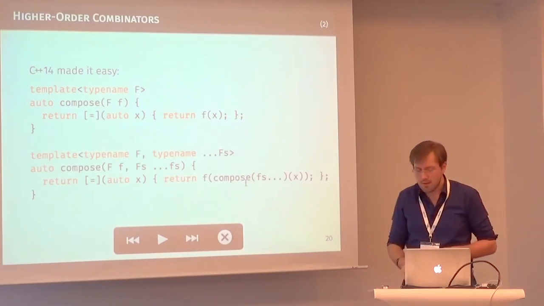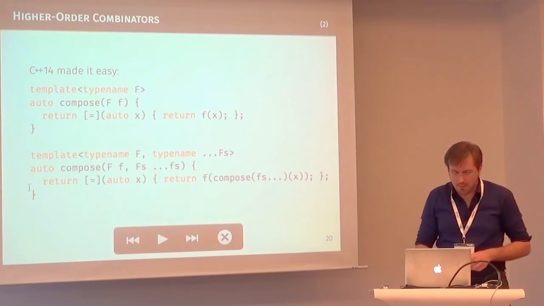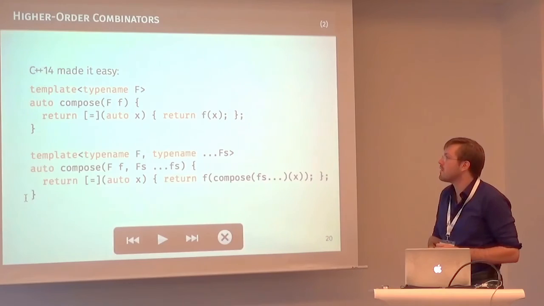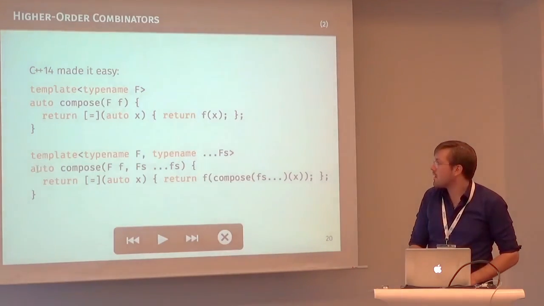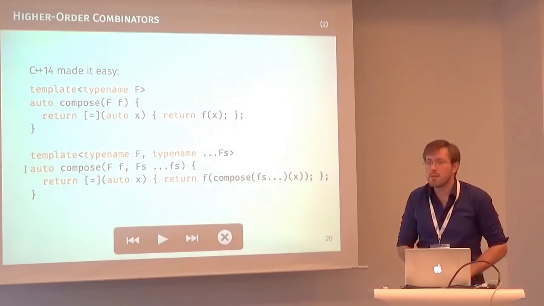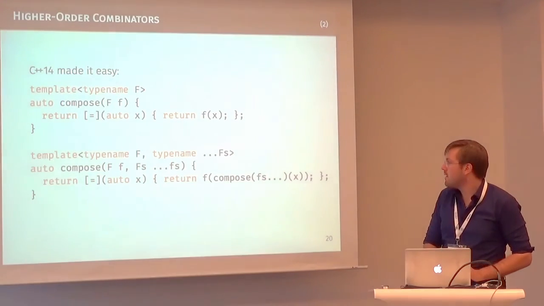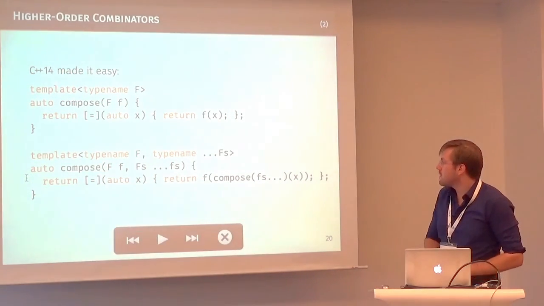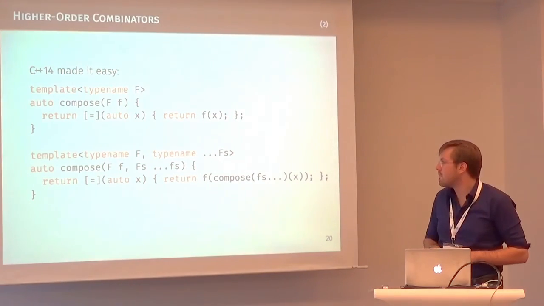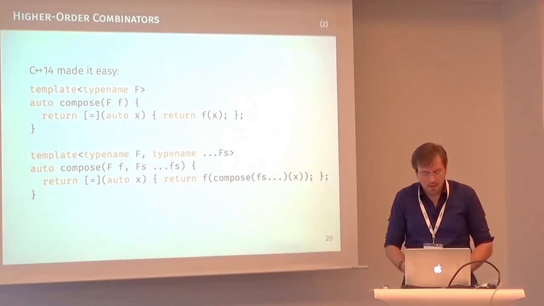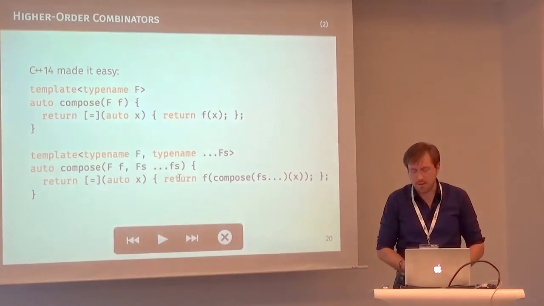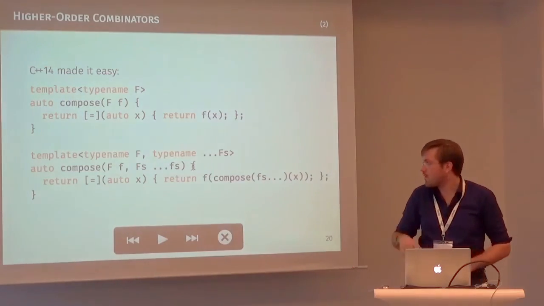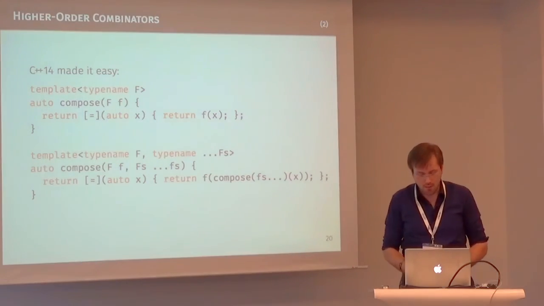Okay, so this is an example where C++14 really made a difference, because in C++11 we could not return the value in this way. We had to name in some way the return type. We couldn't even use the decltype return type because the lambda cannot be used in a non-evaluated context, so we couldn't simply write decltype of the body because it didn't work.